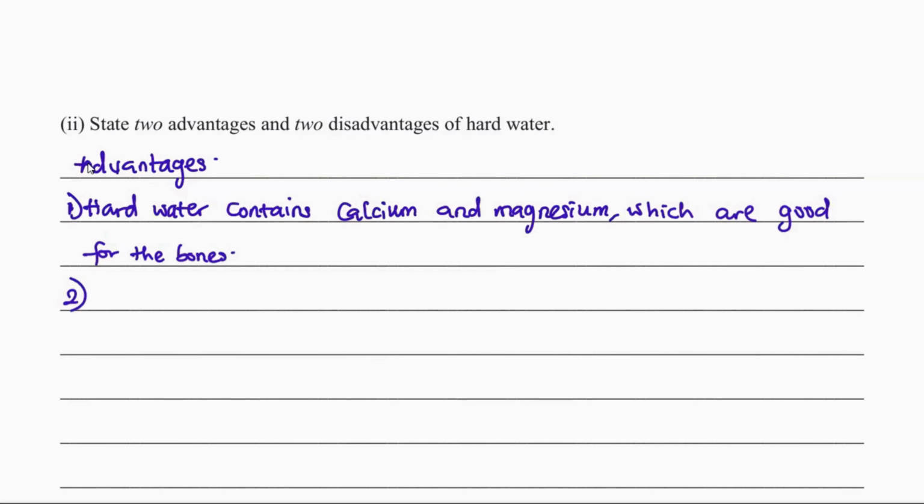Now, another advantage is that it is useful in some industrial processes, such as in brewing.